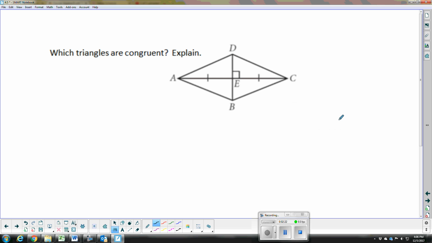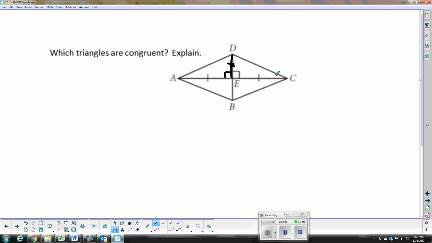Alright, so let's look at this triangle. And we're going to try to determine which two angles are congruent just based on what we know already. With these triangles, anytime you have a shared side, like DE, DE is in triangle AED, and it's in triangle CED. So DE we can mark as a shared side, and then we can use our linear pair conjecture to conclude that this is a shortcut.